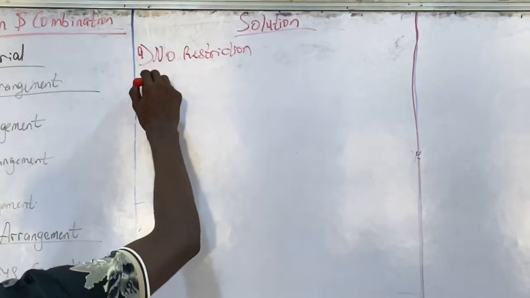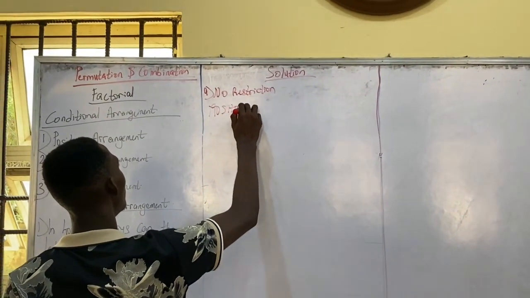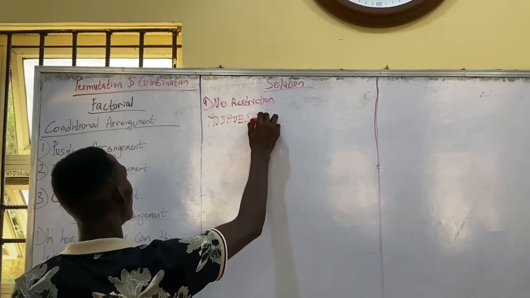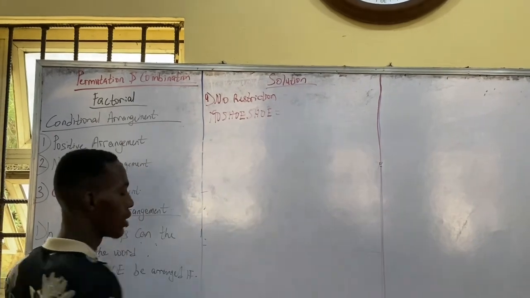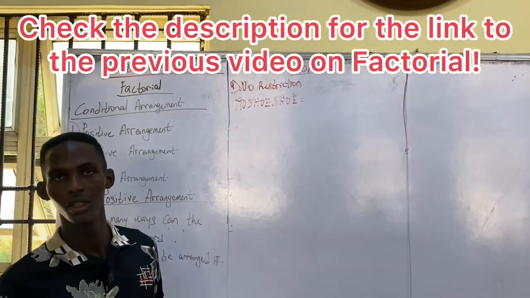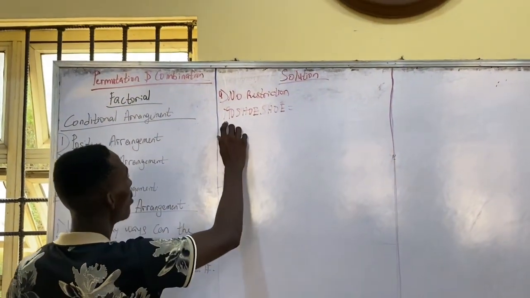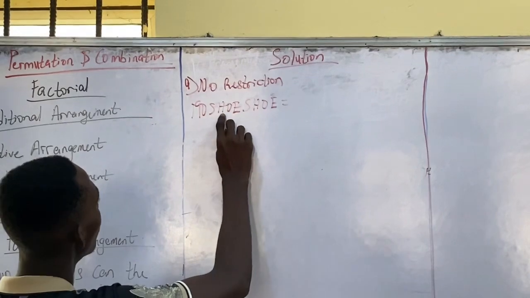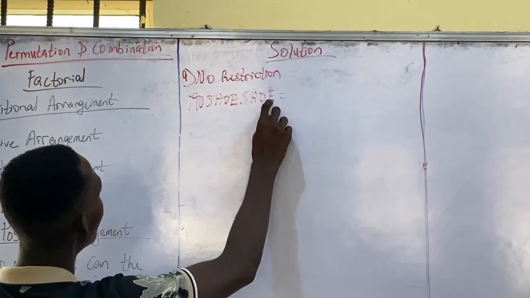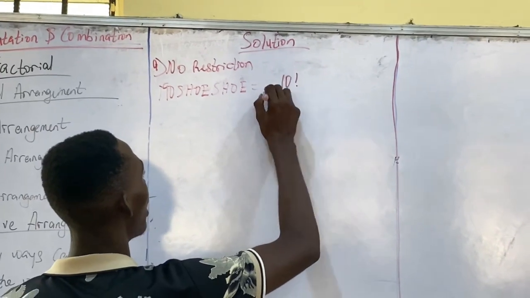Based on our previous video, if you have not yet watched it, I suggest that you watch it. Moshushu consists of how many letters? 1, 2, 3, 4, 5, 6, 7, 8, 9, 10. So that's 10 factorial over.